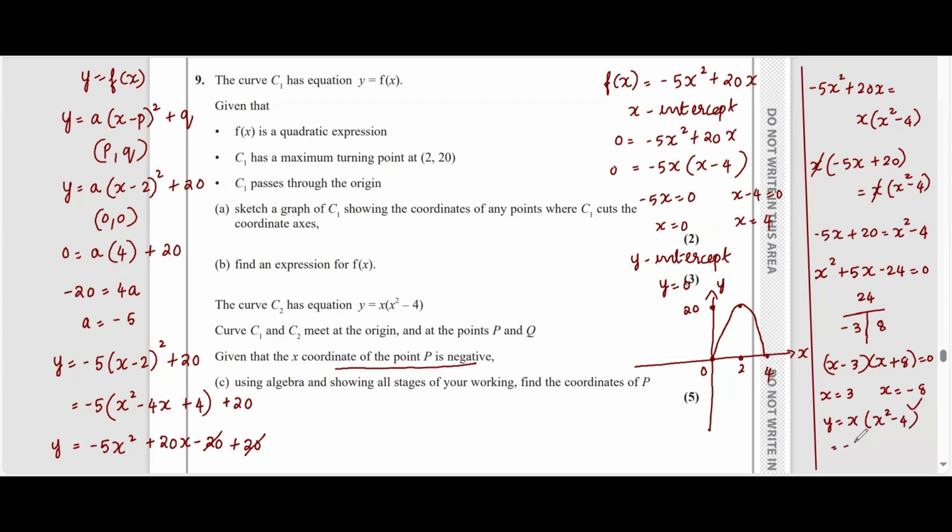So x is minus 8 into (x square minus 4). Minus 8 the whole square is positive 64. 64 minus 4 is 60, so minus 8 into 60 is minus 480. Therefore, the coordinate of P is x is minus 8 and y is minus 480.